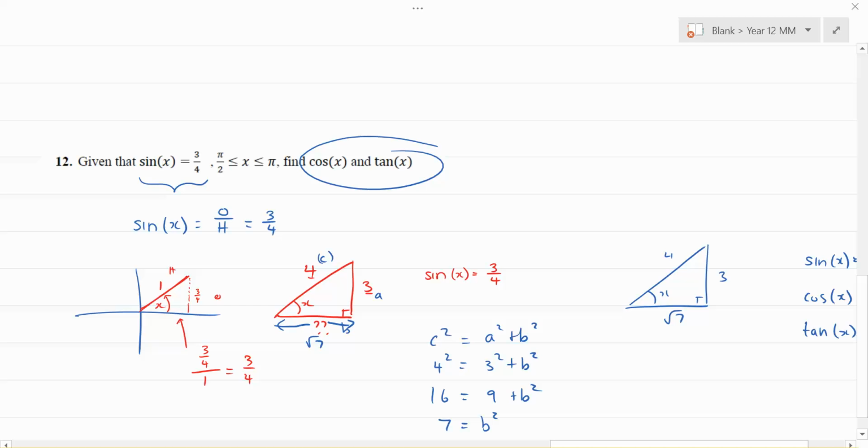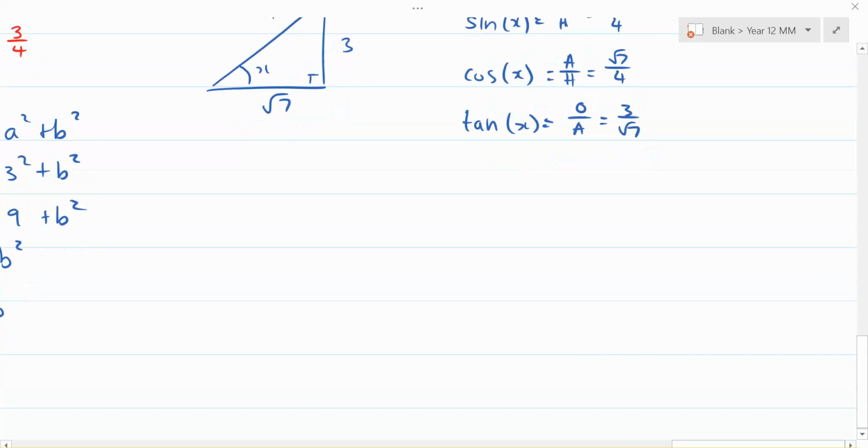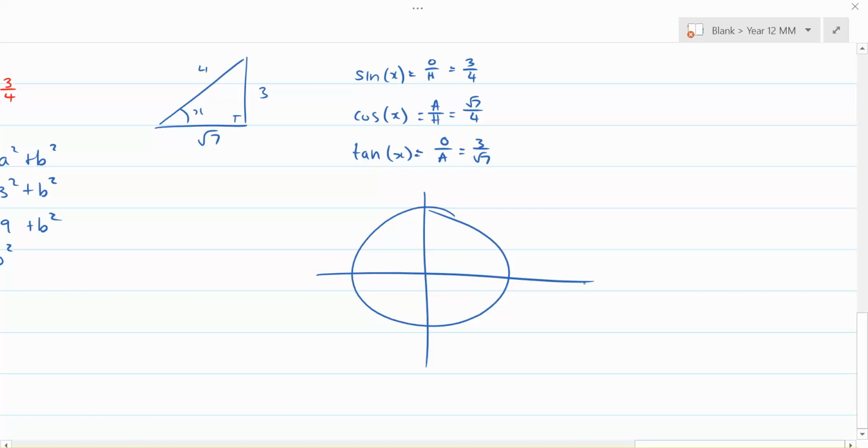But remember, they said x is in between pi and 2 pi, and I think my solutions might have been wrong here, actually. That means x will have to be in this region here. You still have the same triangle.